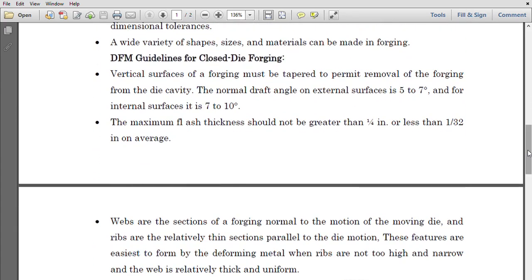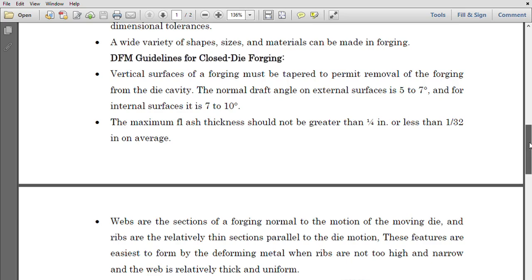Then we are going to see the design for manufacture guidelines for closed die forging, right? Similar to castings, we should give a taper allowance for the forging components also, mostly in the vertical surfaces, in order to facilitate the easy removal of the forging after the operation has been done.